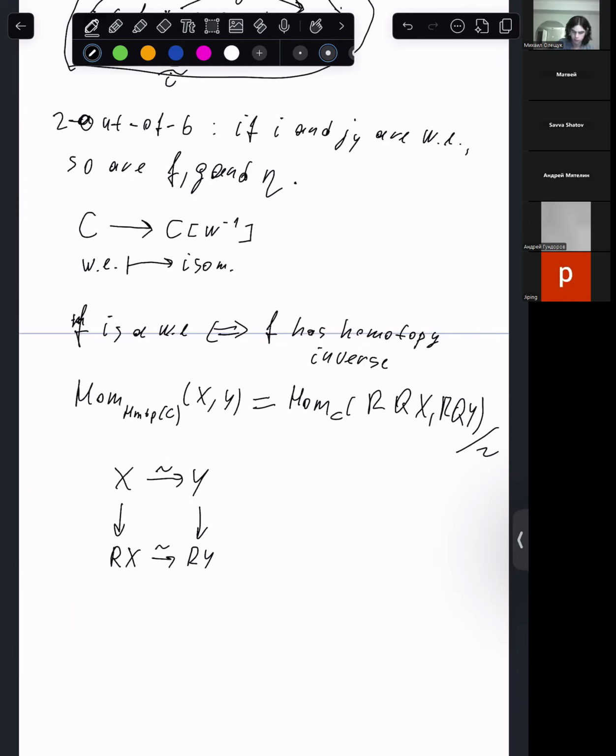Then if we have a map F, we have its fibrant replacement RF. The same is true for cofibrant replacement. So we have F, we have QF, we have RQF. All those maps are weak equivalences. And for RQF, we can use this theorem.